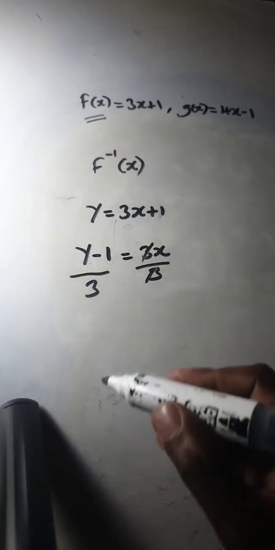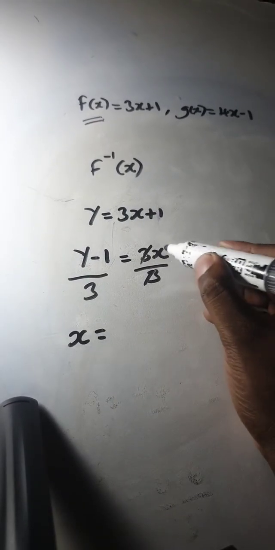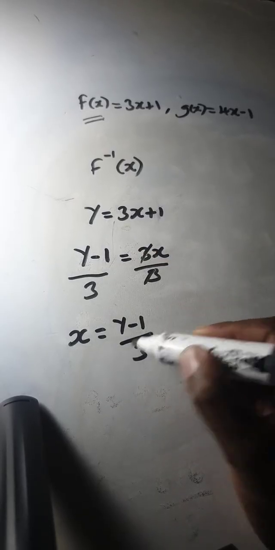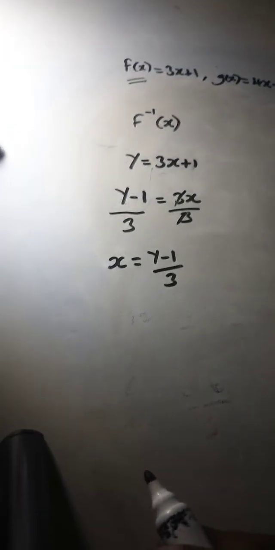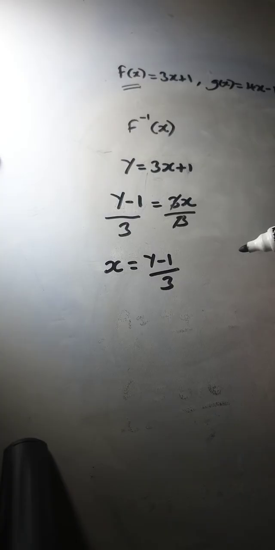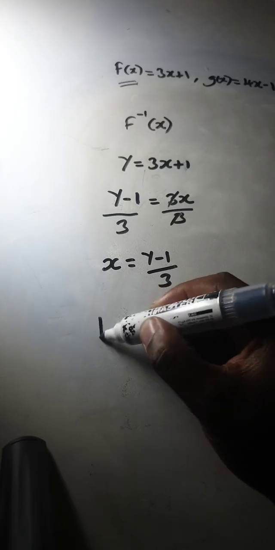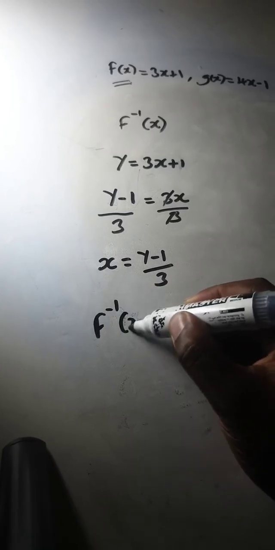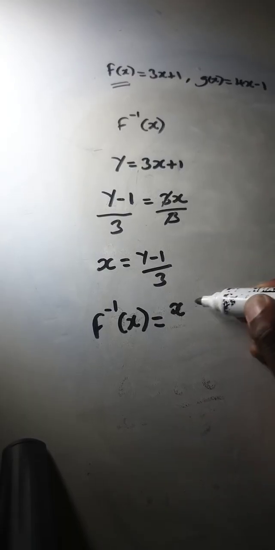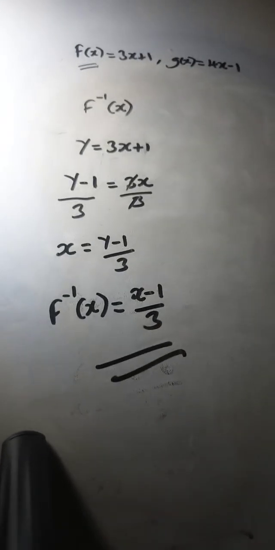So my x is alone, equal to y minus 1 over 3. I shouldn't end it at y. So I'll bring in the inverse of f of x, which is now equal to, where there is y, I replace back with the x.